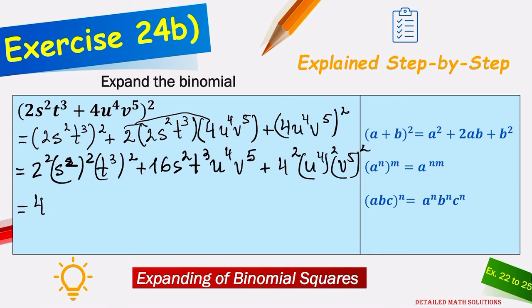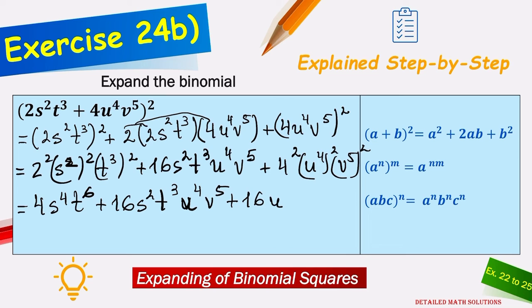Simplifying further, we get 4s^4 t^6 plus 16 s^2 t^3 u^4 v^5 plus 16 u^8 v^10.